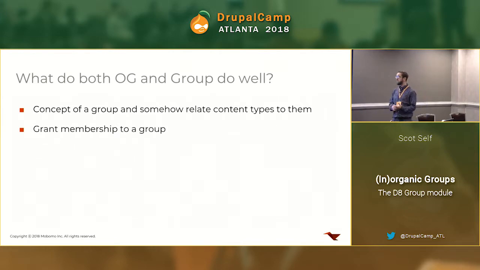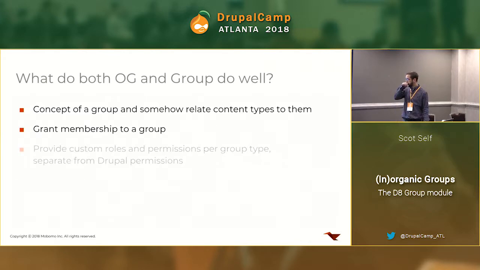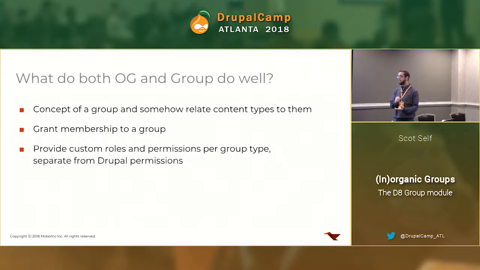You obviously have to have some sort of membership in a group so people can join the group, leave the group. You also have, both modules do really well, custom roles and permissions. But these are roles and permissions within the group ecosystem, so they're completely separate from Drupal's high-level roles and permissions that you're probably more familiar with.